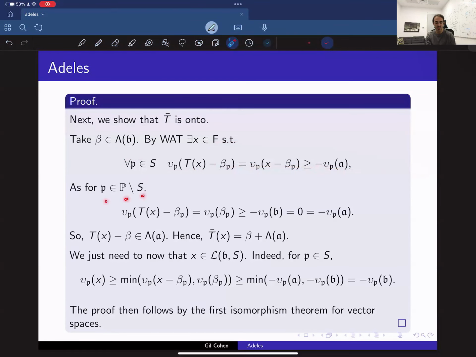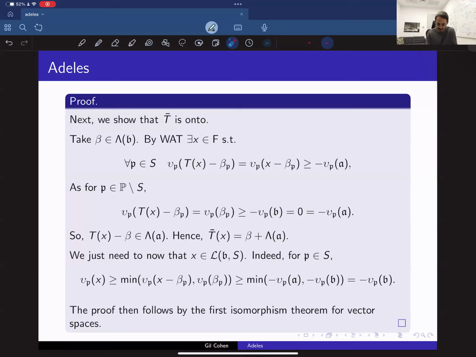So for prime divisors outside of S, we are just going to observe easily that we still have the same inequality, because for VP of Tx minus BP, well, Tx is zero there, so it's precisely VP of minus beta P, but that's VP of beta P. And because beta is in the lambda space of B, that's at least minus VP of the divisor B, which is zero, because outside of S you only have zeros, and it's also zero for VP of A, because S is the support of the union.